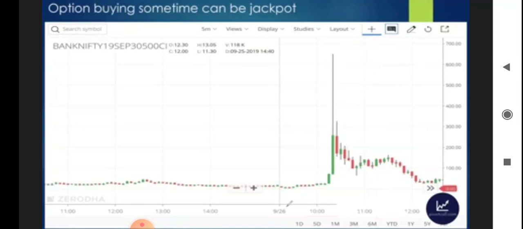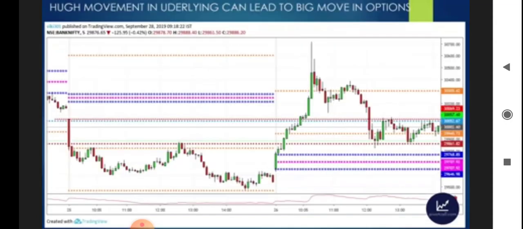So now let us see what actually happened on September 26th in the underlying, that is the Bank Nifty chart. You can see here, on September 26th the market opened with a bullish candle and kept on going up, and this is where your option went to 630 rupees from 5 rupees, because Bank Nifty went almost 700 points.